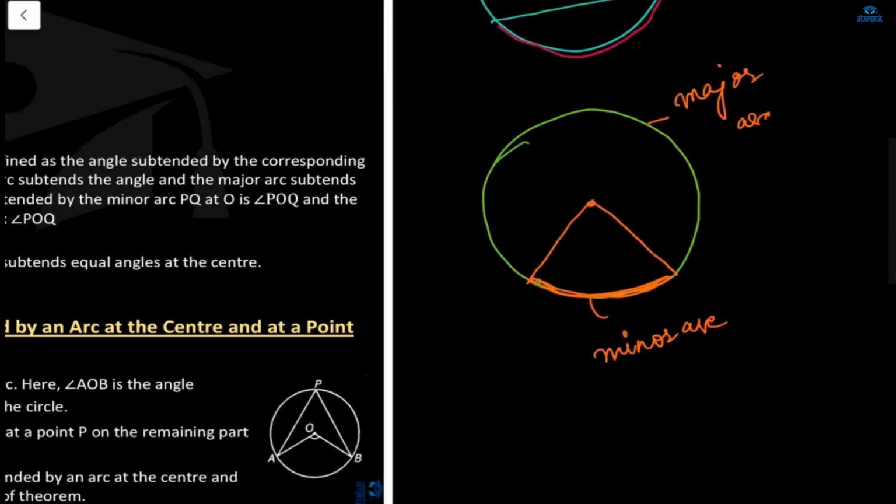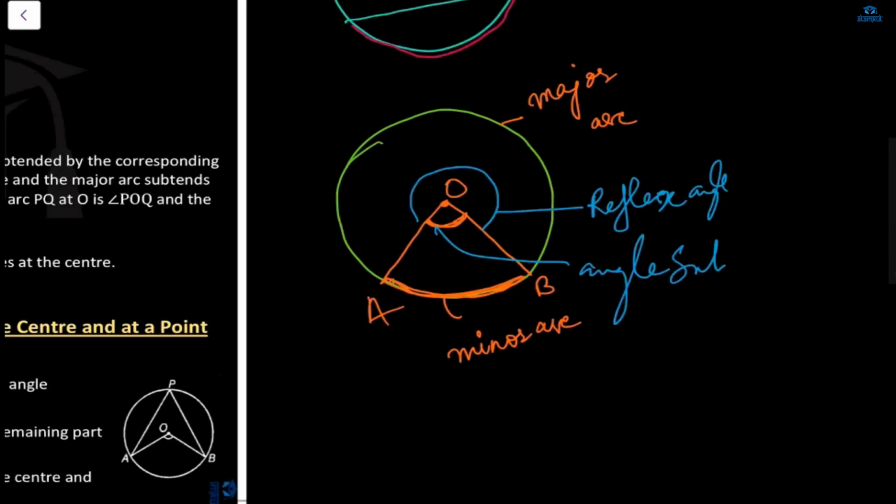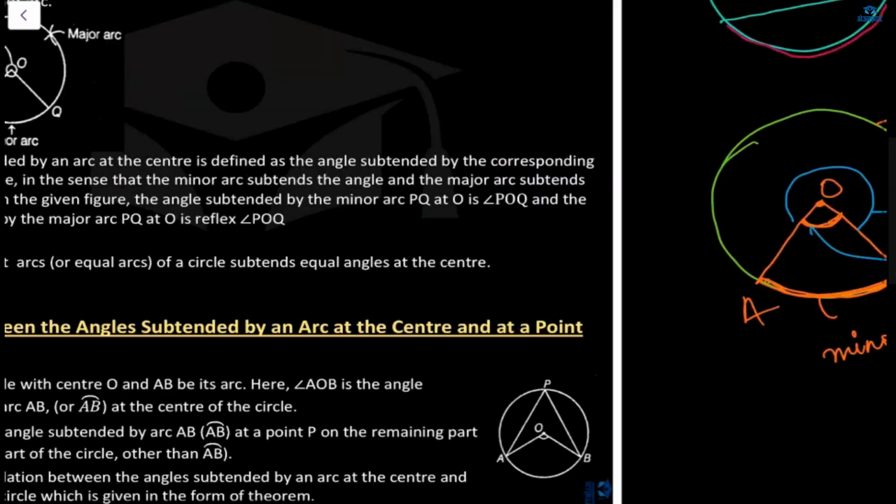This is your center. You can say AOB. So this is the angle subtended by the arc, and this angle is the reflex angle of the same arc. And this is the angle at the center by the arc. Understood?